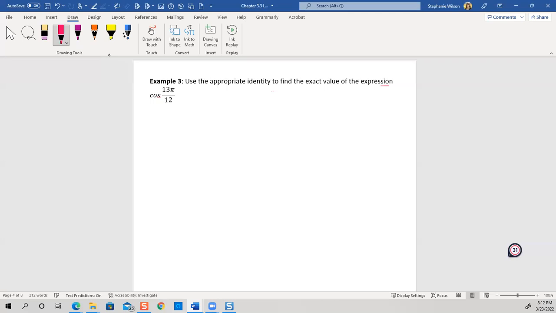So we can come up with, let's say, pi over 6, 5 pi over 4, pi over 4, pi over 3, pi over 2, and so on. I mean, we can pull them all out if you need to. What we need to do, though, is find what's going to give me 13 pi over 12. So let's start with 5 pi over 4, and let's subtract pi over 6.